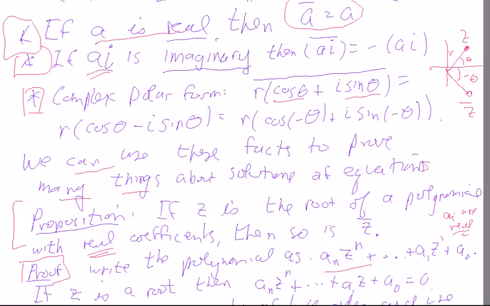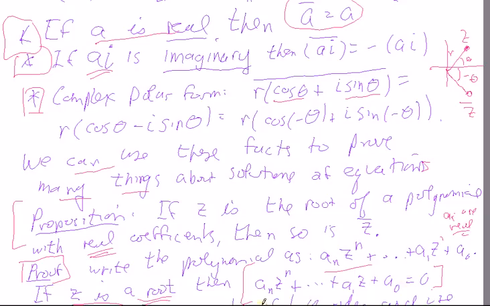Now, if z is a root of this polynomial, then we can write down this equation. Write the polynomial again with z there. That should be equal to 0. That's what root means. Now I have an equation. I can always do the same thing to both sides of an equation. So I'm going to take the complex conjugate of both sides.